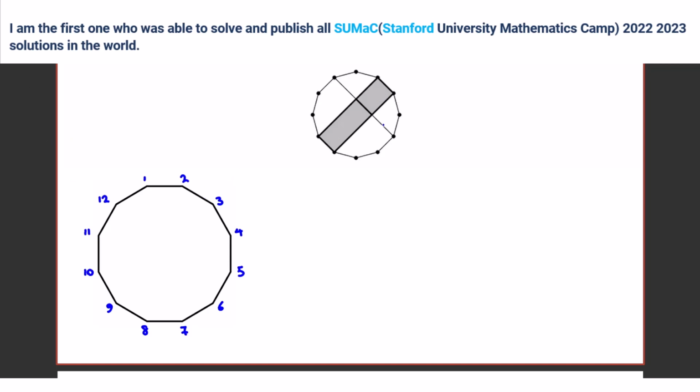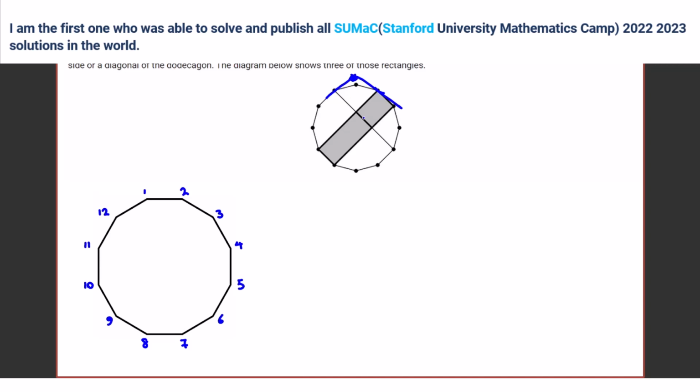Here we want to find rectangles, so we should consider slopes. For example, this is a side, and it is parallel to this side. So these two sides are perpendicular to each other, and that's the reason we can create some rectangles. The first type is that we select two slopes that are parallel to sides.